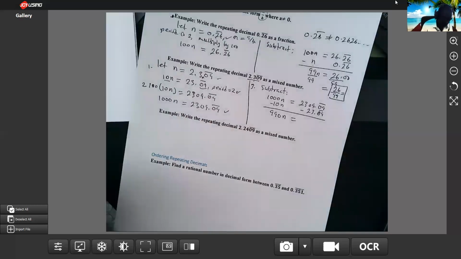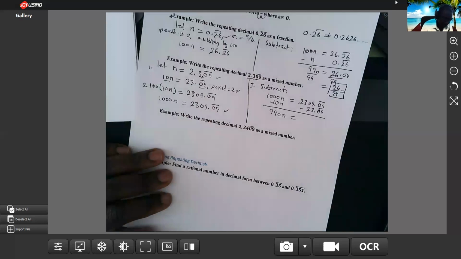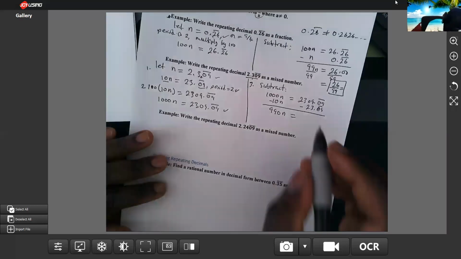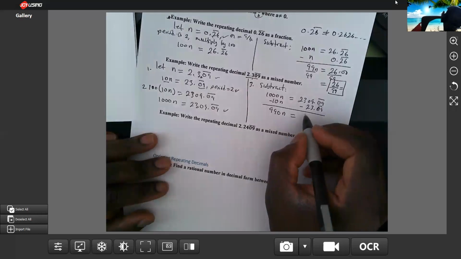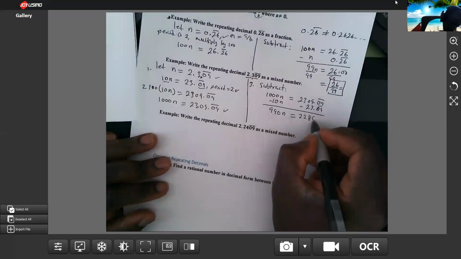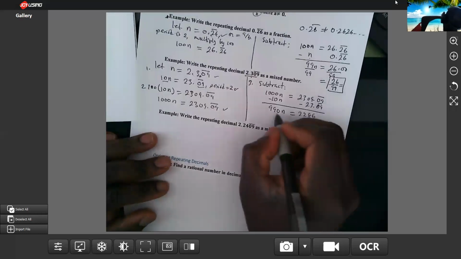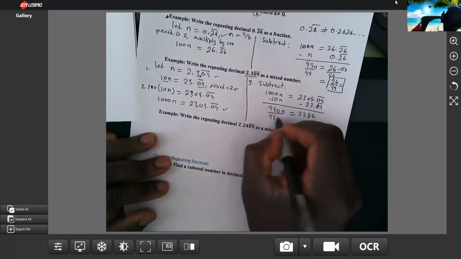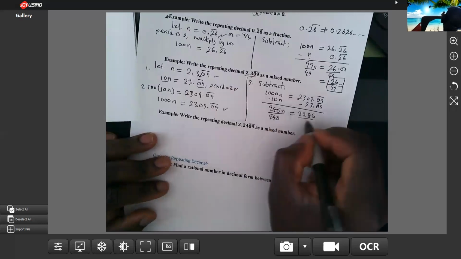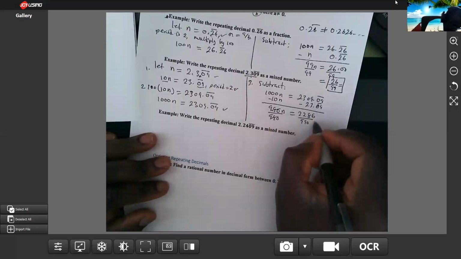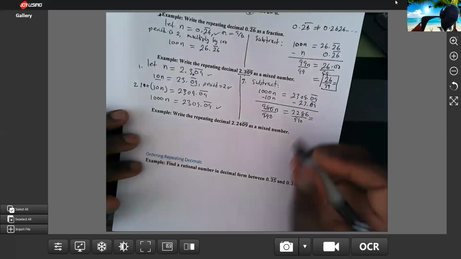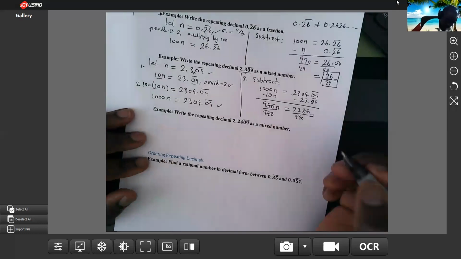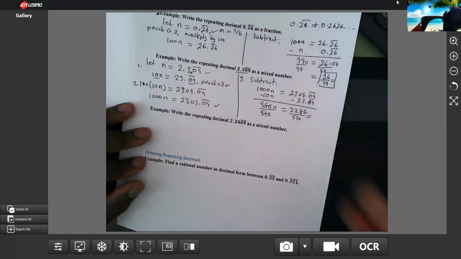And on this side, if you subtract 23 from 2309, you get 2286. Okay, then divide both sides by 990. Now if you simplify this, divide the top and bottom by 18.